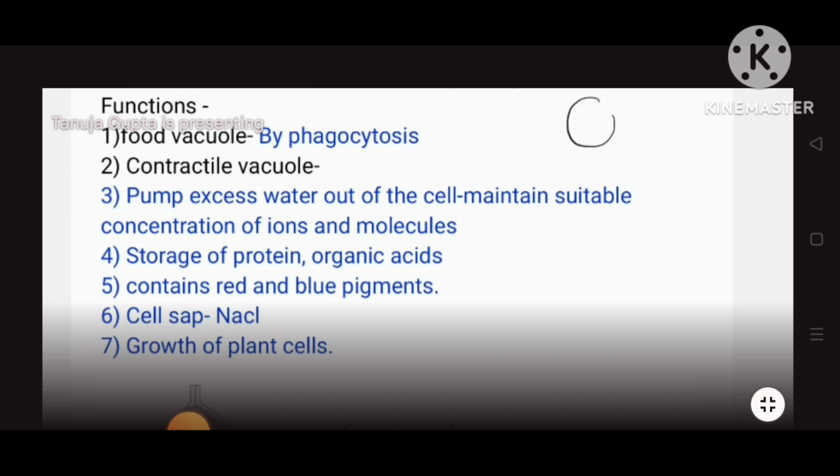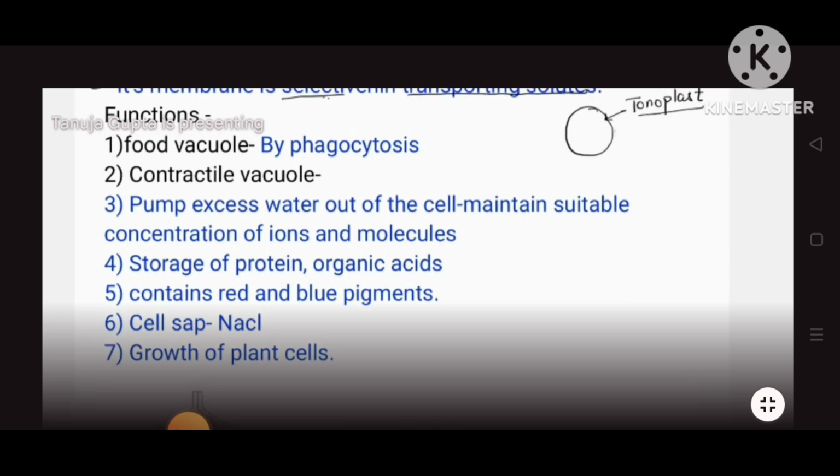So a vacuole is a single membrane bound structure, and the membrane which bounds it is called tonoplast. Okay, remember this word. So a vacuole membrane is called tonoplast. Its membrane is selective in transporting solutes.